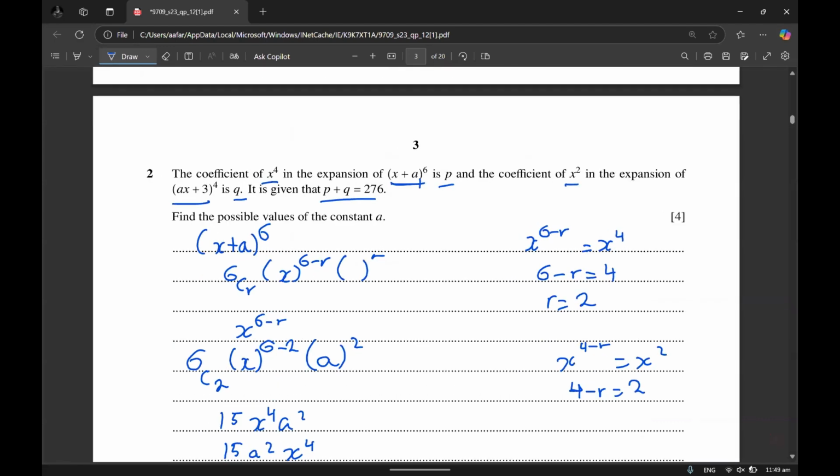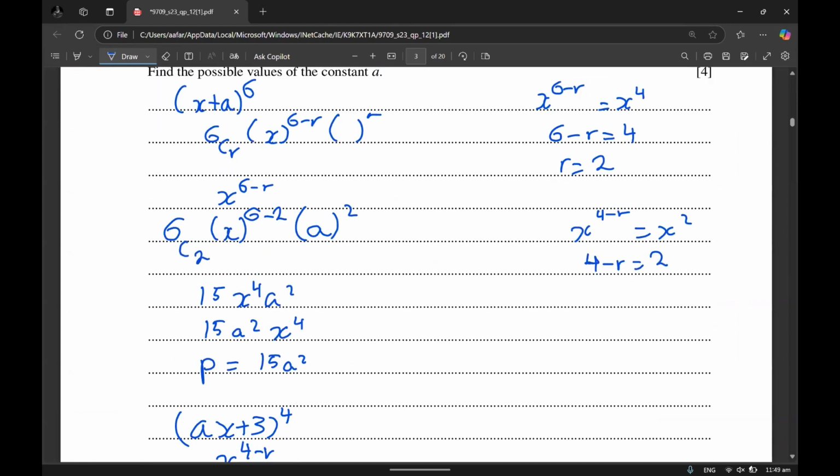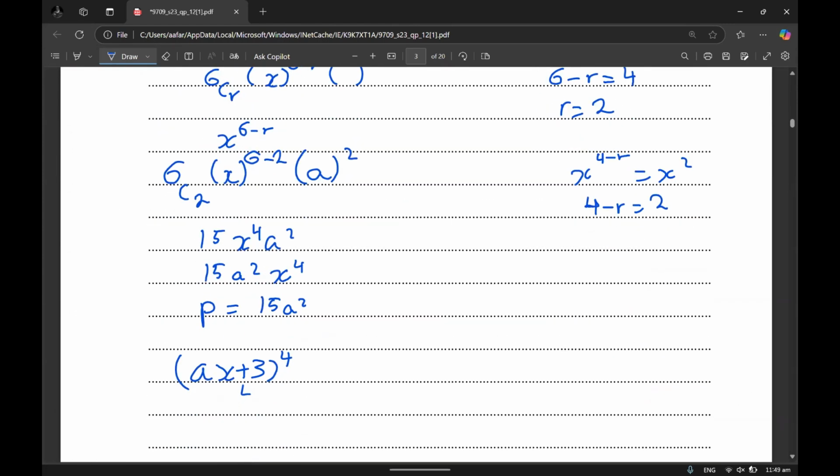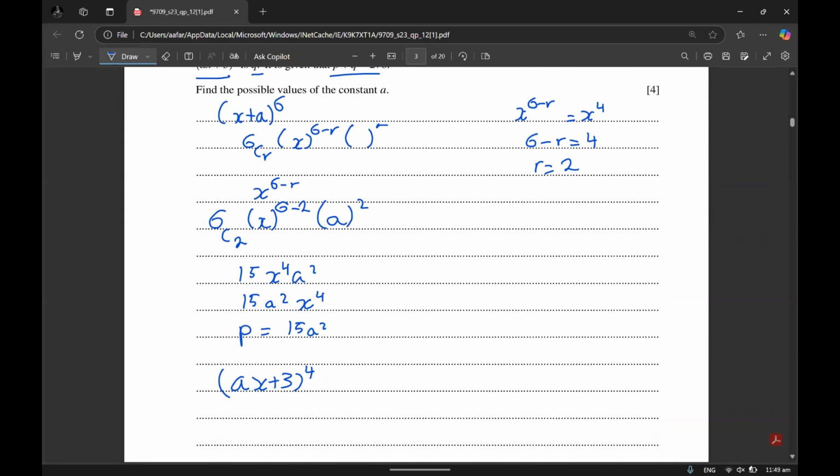Okay. So we have this expression, right? (ax plus 3), the whole power 4. This is basically the box method. This is a shortcut, because the most straightforward way to write the whole expression is 4C0 (ax) power 4 minus 0, 3 power 0, plus 4C1.